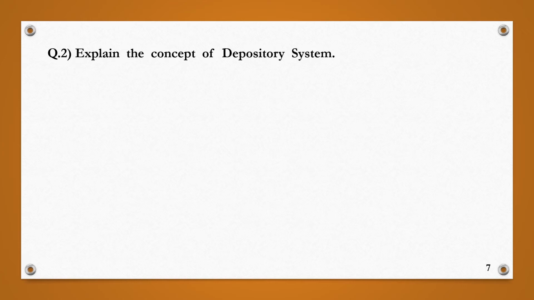In that, you will find the first one as depository system. Accordingly, depository system could be asked as a concept to explain the concept for 2 marks. So let us understand what are you supposed to write for this answer.